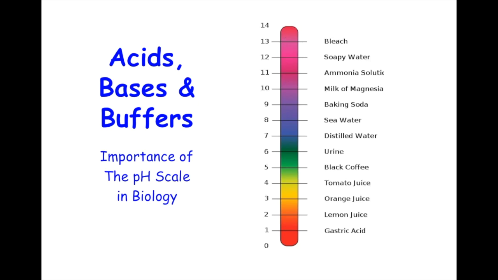So 14 has a very, very low concentration of hydrogen ions, which is what an acid actually is, whereas 0 has a very high concentration.